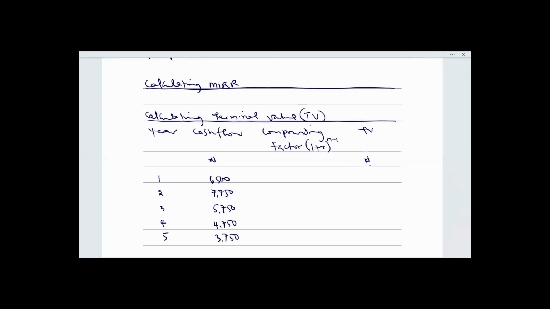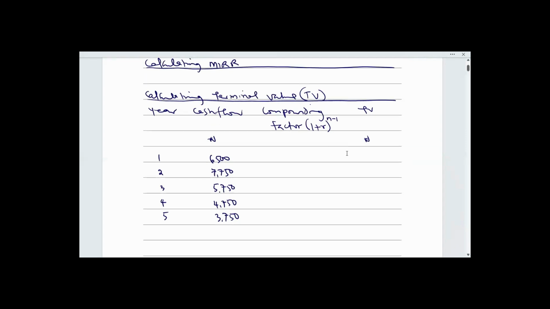So these are the cash flows as given in the question. And the examiner has told us that the cost of capital given to us is 8%. Therefore, I would then come here at 8%.